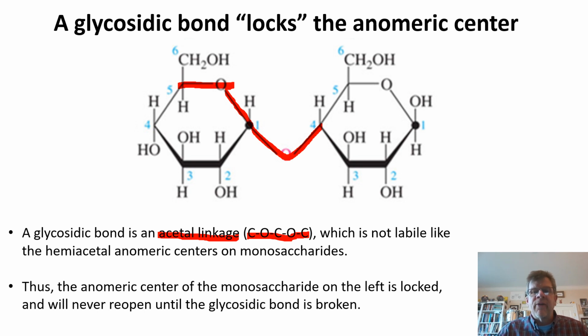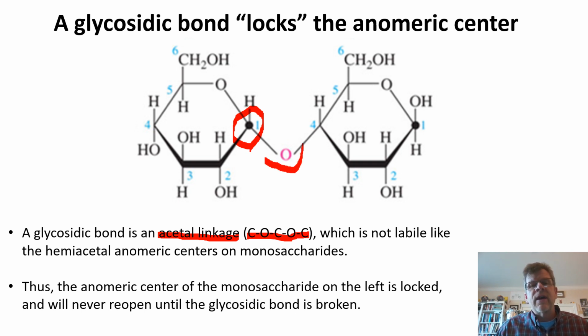A full acetal linkage is not labile, like a hemiacetal linkage in a monosaccharide. It is locked. So this entire anomeric center will never reopen until such a time as the glycosidic bond itself is broken.